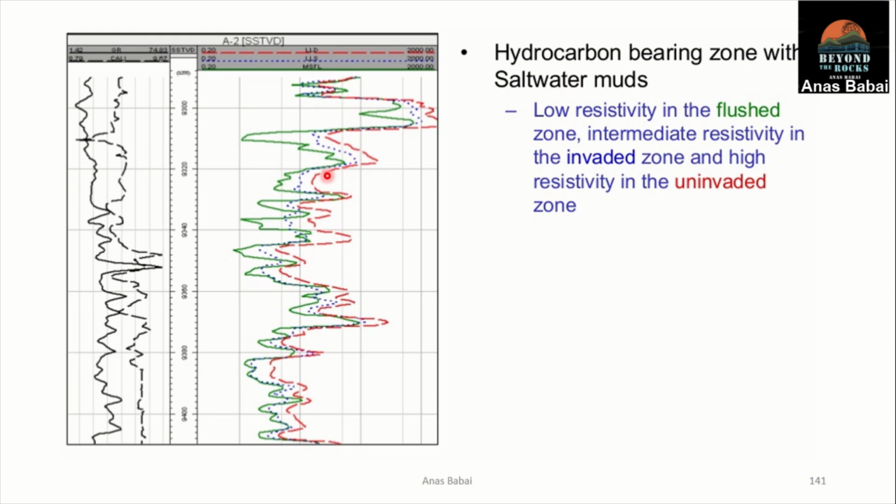So we can see that the LLD is reading high for the hydrocarbon, and the LLS, which reads the invaded zone, is slightly less resistive compared to LLD, and higher than the microspherical focused log.